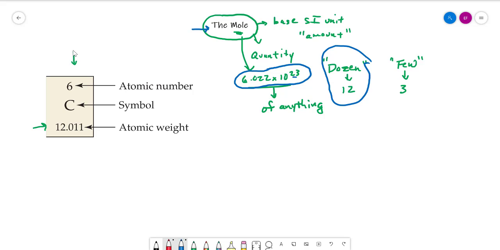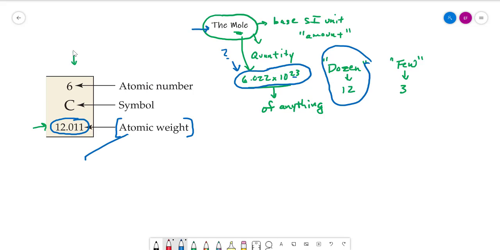Okay, so why the mole and why this number specifically, right? That's a big question. So conveniently, the mole is defined based on the atomic weight of a particular element. So the atomic weight of the element serves sort of 2 purposes.